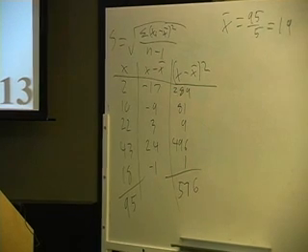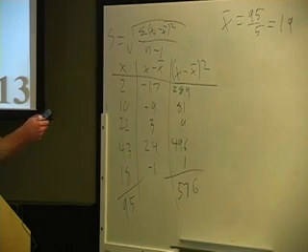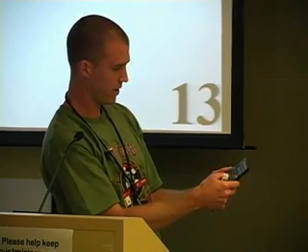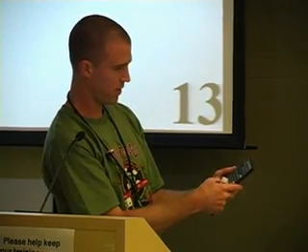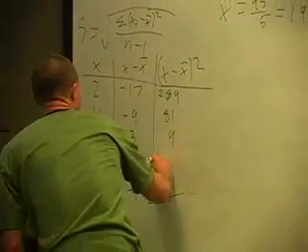I thought this was, here we go. Technology. Okay, it works. There we go. 17 times 17 is 289, that's right. 24 times 24 is 576.